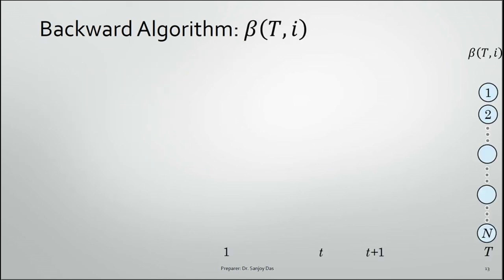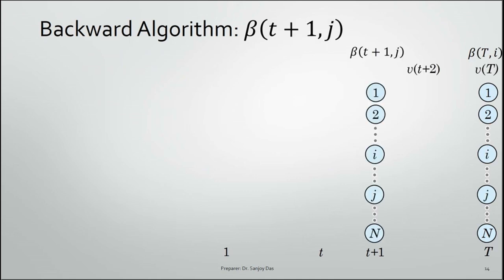So visually, this is what happens. We begin with beta_T(i), and this is equal to 1. So we initialize all of these betas for all the different states to be equal to 1. And then we proceed backwards. Suppose at time step t plus 1, we have beta_{t+1}(j), and that accounts for the future outputs V_{t+2} onwards.